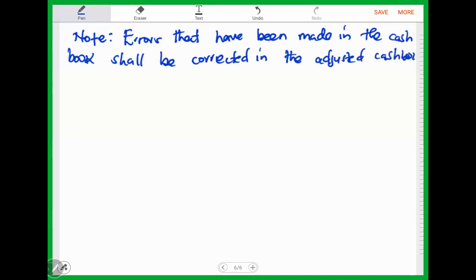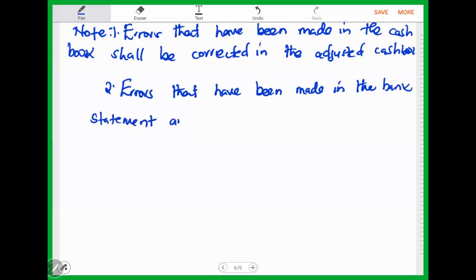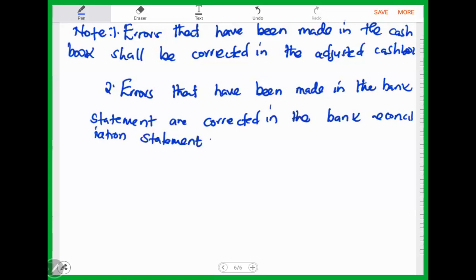This is number one. Number two, errors that have been made in the bank statement are corrected in the bank reconciliation statement, and the errors that have been made in the cash book shall be corrected in the adjusted cash book.